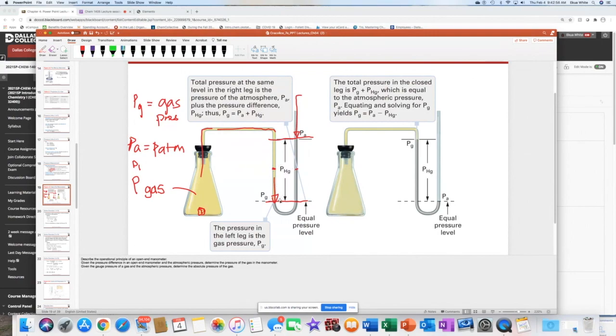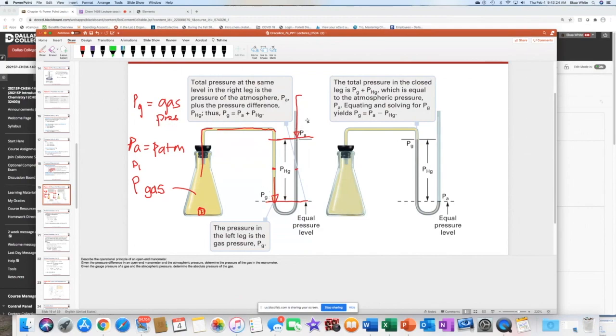Anyway, the question you have to ask yourself: you have two pressures competing, pressure of atmosphere and pressure of gas. Which one is larger? The pressure due to height tends to go with the smaller, or weaker, pressure. What I mean by that is the pressure of the gas is pushing more on the left side of the column versus the pressure of the atmosphere. The pressure of the atmosphere compared to the gas is weaker.